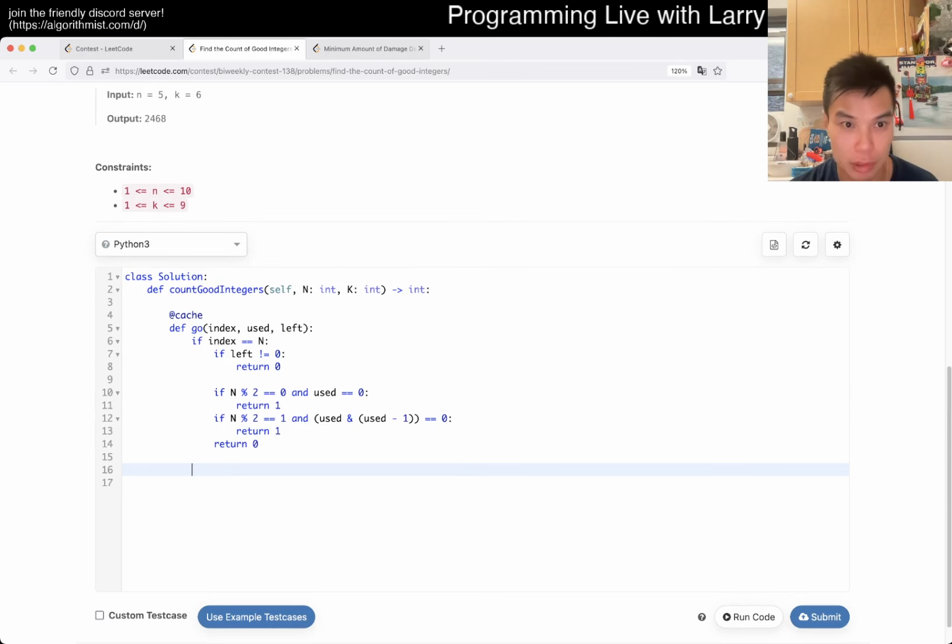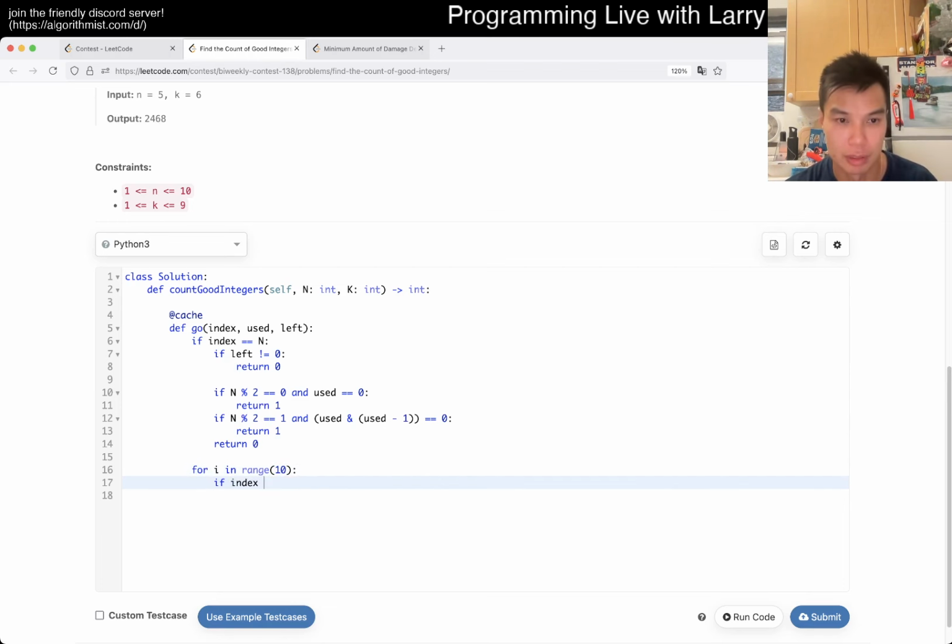And then now we just do one index at a time, shift and add. So the first digit cannot be 0. That's about it, right? So from 0 to 10, if index is equal to 0 and i is equal to 0, we continue.